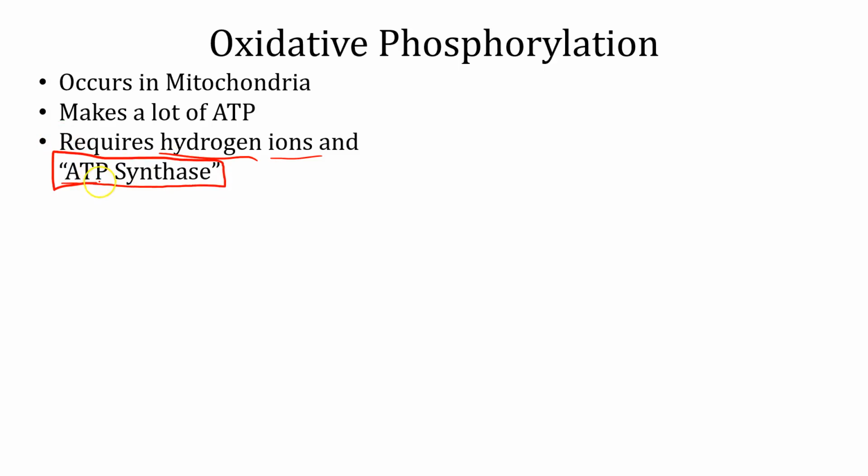The name of this protein should kind of give away what it does. Synthesizing something means to build or make, and if it's an ATP builder, it actually is going to be the thing that makes ATP. It takes 1 phosphate, adds it to adenosine diphosphate to make ATP.